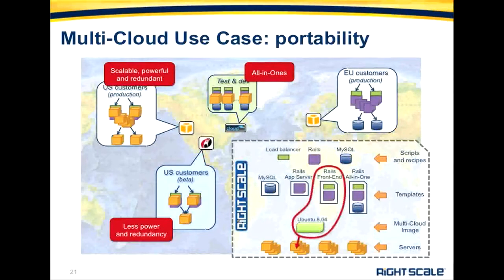Once you have this, you specify which base images these templates are relying on. In this case, you just say 1 single multi-cloud image, Ubuntu 8.4. Okay? And once you have these, you can put this together into a server. You can create a server that says, I want a Rails front-end server that uses this image, launch it. Right?